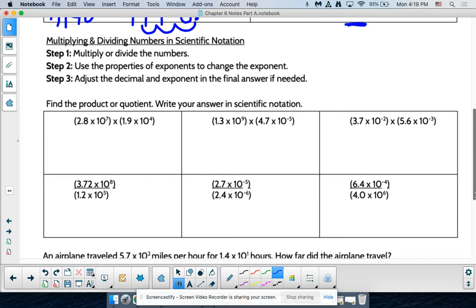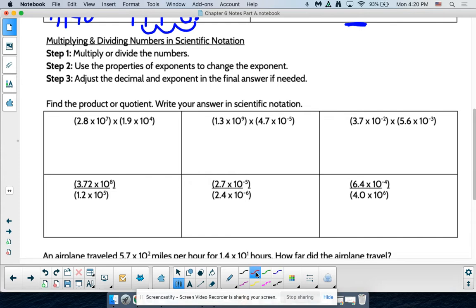If you're multiplying and dividing in scientific notation, we have 3 steps to follow. The first step is you either multiply or divide the numbers themselves. Depending on if you're timesing or dividing, you're going to do one of those operations. And then you're going to use the properties of exponents to change your powers of 10. And then sometimes you might need to switch your decimal if it's not in the right place, okay?